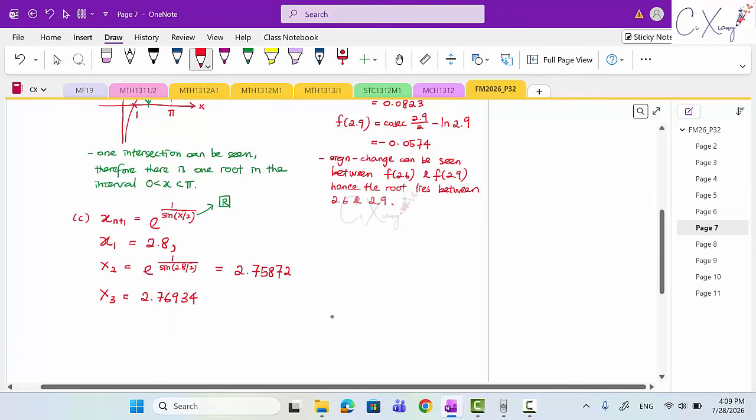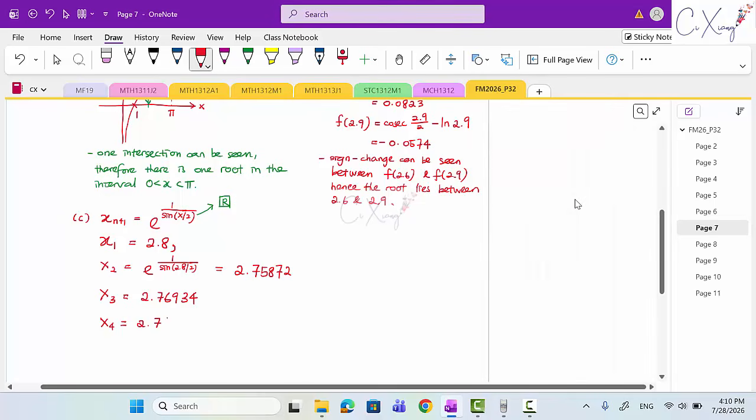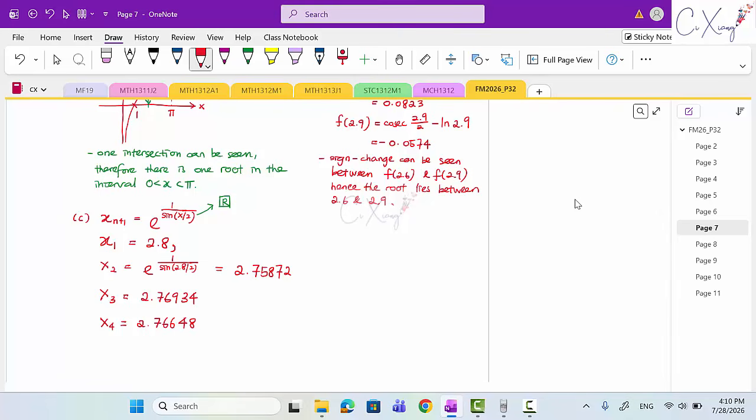Okay, then let's continue further. For x4, repeat the process one more time. Press calculate, key in the value 2.76934, then press equal sign. Then you're having 2.76648.